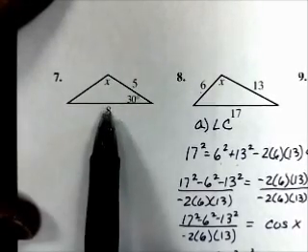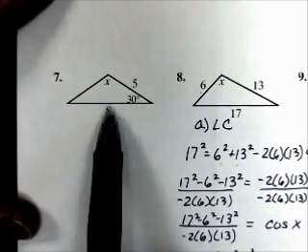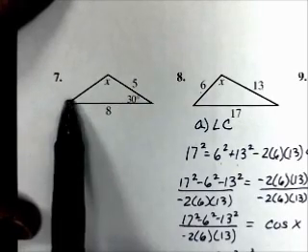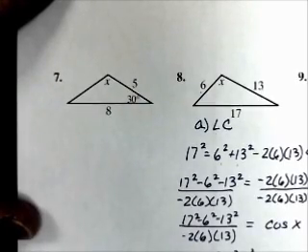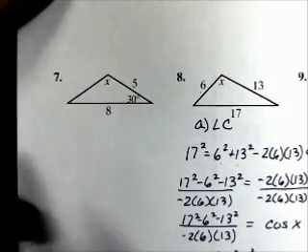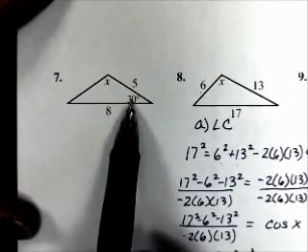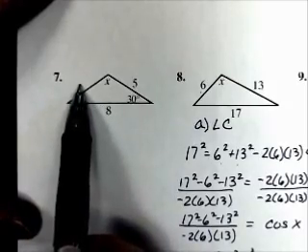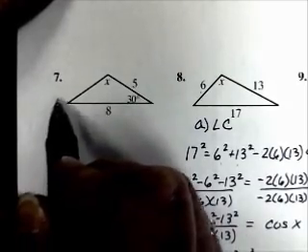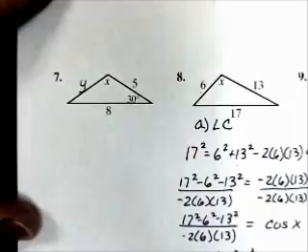Right? If I'm thinking of law of sines, 8 over sine x equals 5 over something. We don't have that angle, so we can't start with law of sines. We need to find this side first.